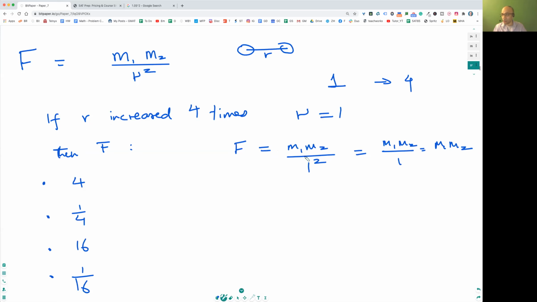So r is equal to 4, and the new force is equal to m1 m2 over 4 squared. So take the ratio of the new to the old, m1 m2 over 16. So try to think about it. What's going to happen?